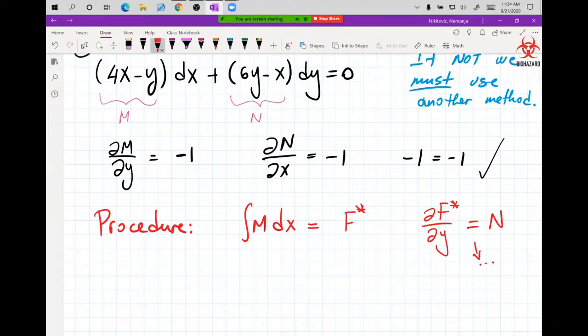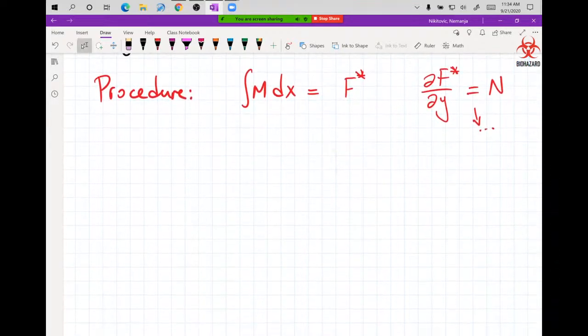So that's the procedure, right? You integrate M in respect to x, and then you take the partial derivative in respect to y and equal it to N.